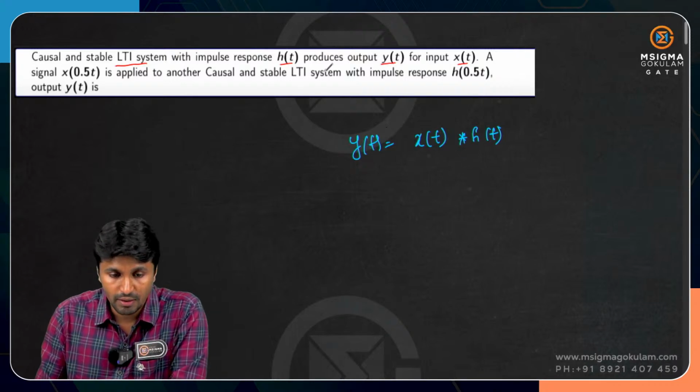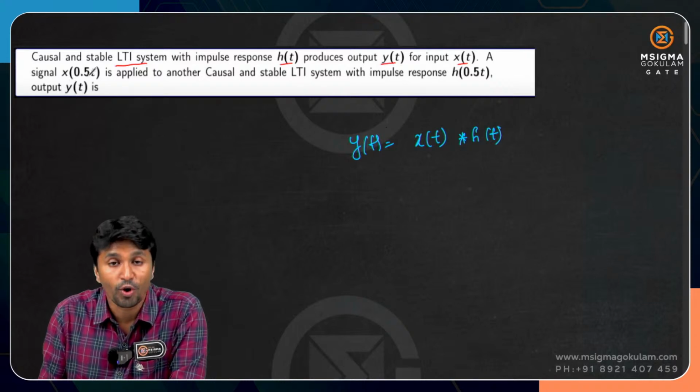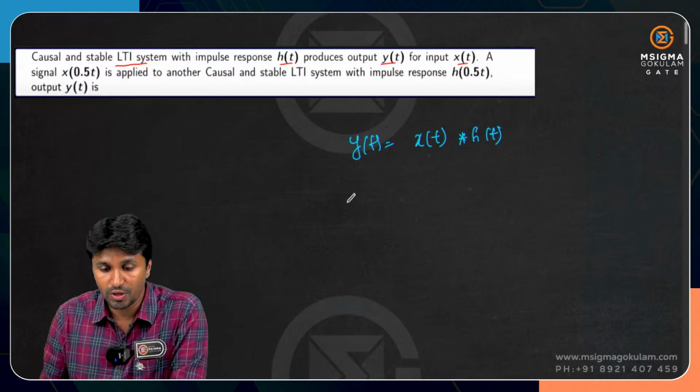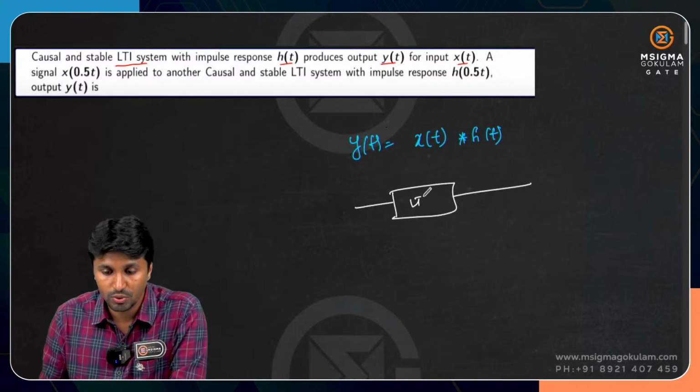So what is he saying? A signal x of 0.5 t is applied to another causal and stable LTI system with impulse response h of 0.5 t, right? So output y of t. He is asking you to calculate output y of t when the input to the LTI system is x of 0.5 t and the impulse response is h of 0.5 t, right?